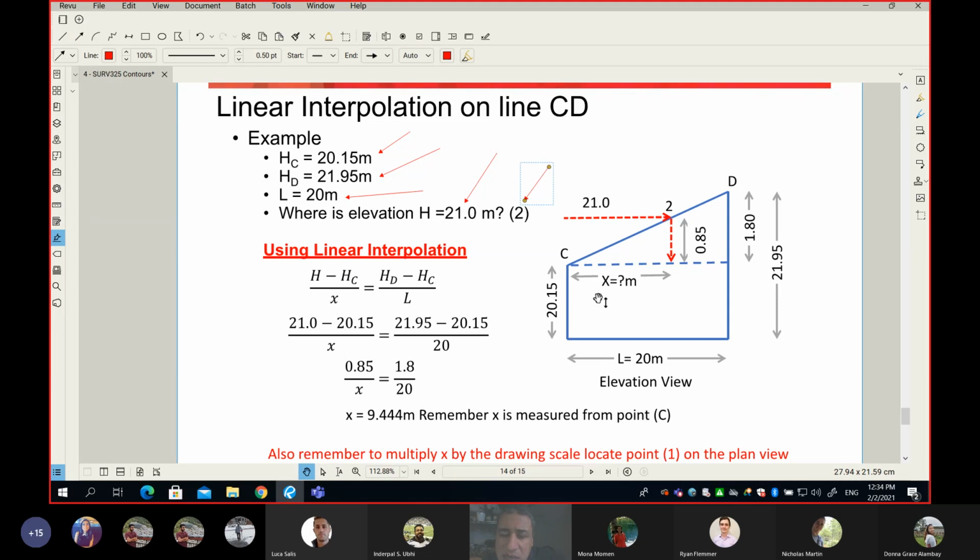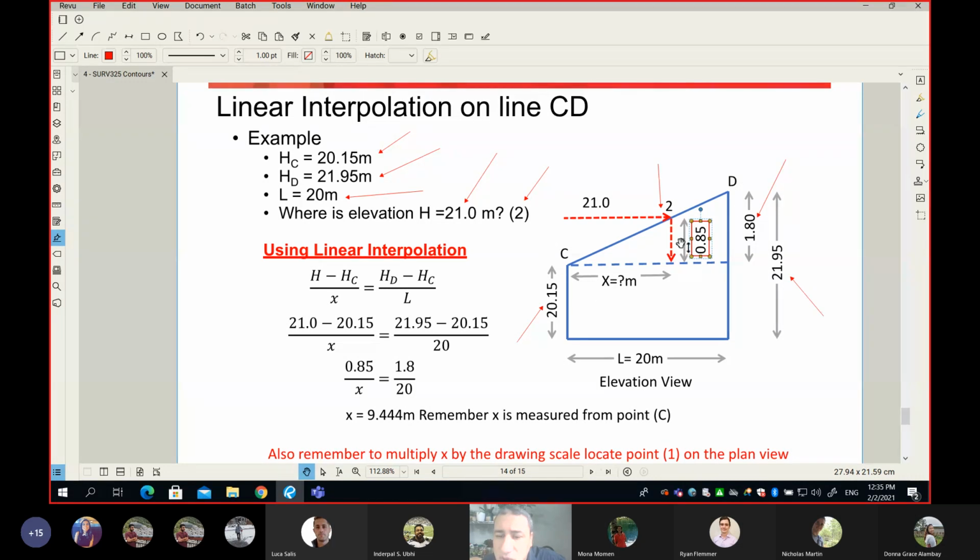Then again, in graphics, here is elevation of point C, here is the elevation of point D, and here is the elevation of point 2, 21. Then the same thing, you need to find 1.8, which is not super science. It is the elevation of point D minus elevation of point C. And also you need to find this distance here, which is very simple. It is 21, which is the elevation of the contour, minus point C, which is 0.85.